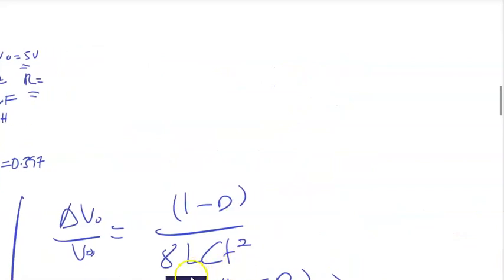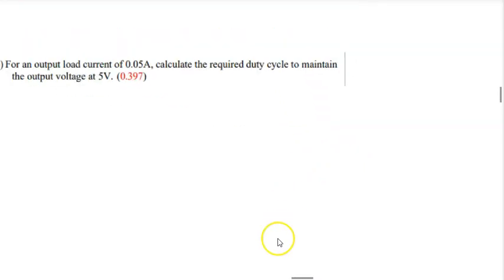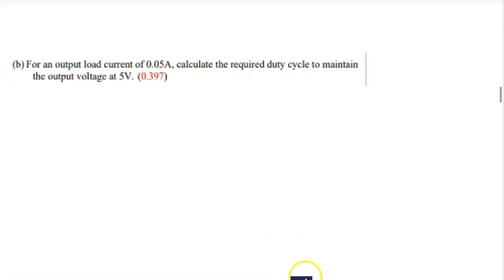Now we go to B part, which is the question that how much the duty cycle we need to set if the load current reduced to 0.05 ampere.